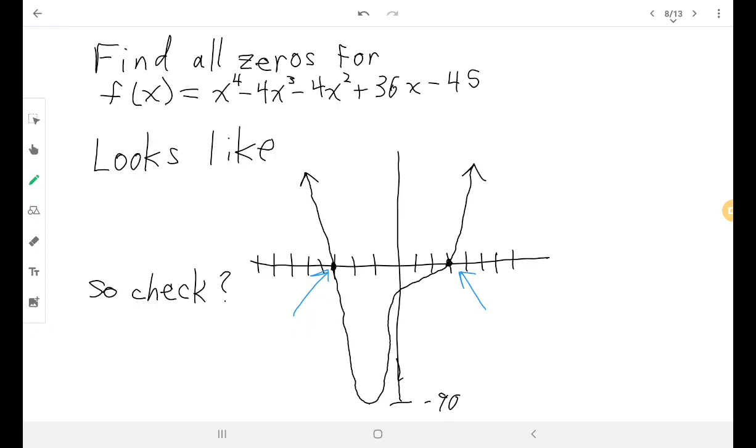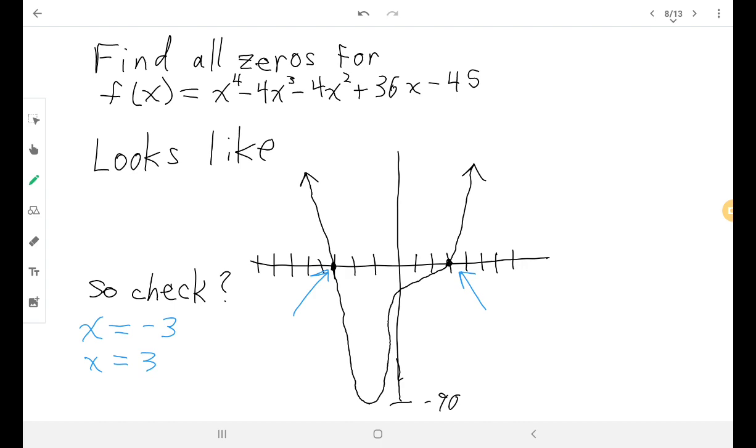So it appears that I've got one of them at x equals -3 and one of them at x equals 3.